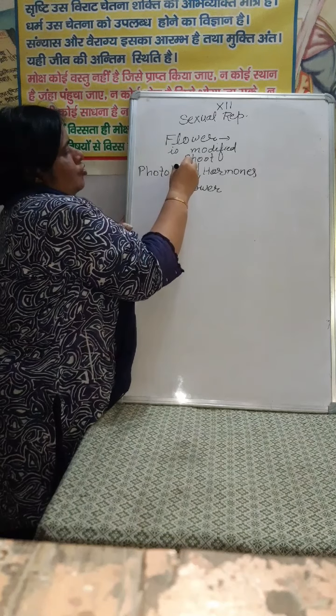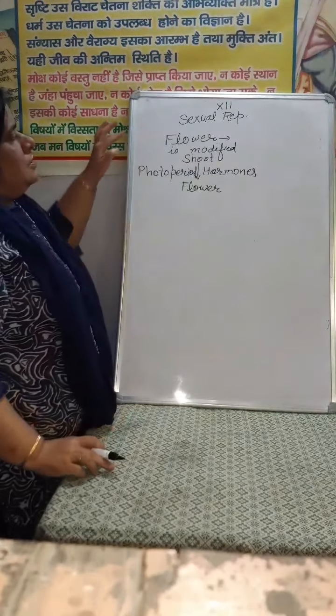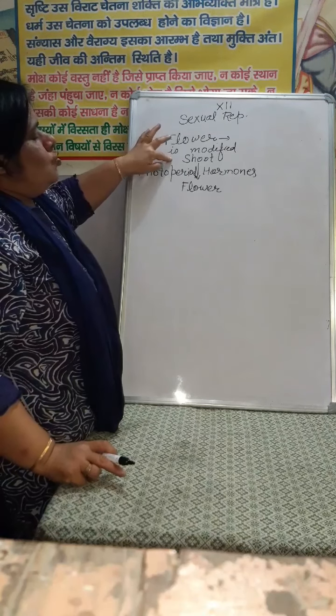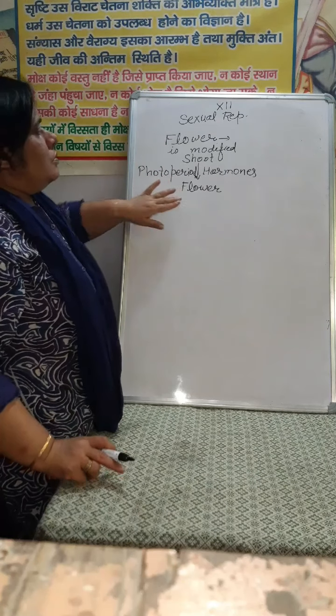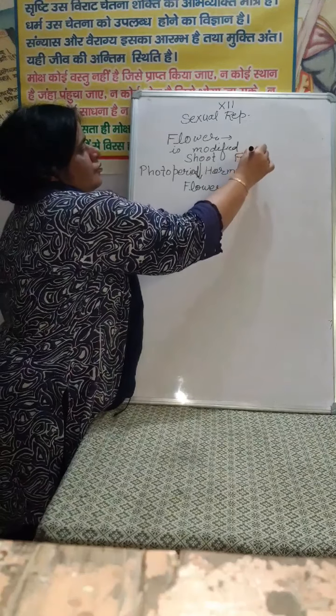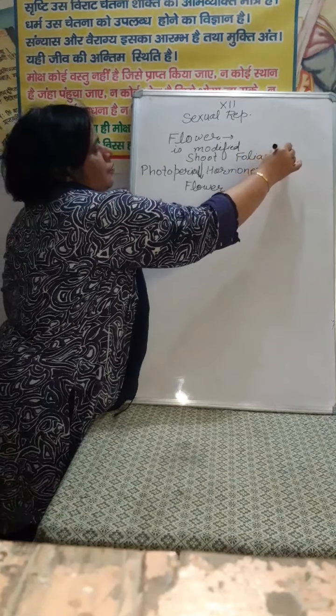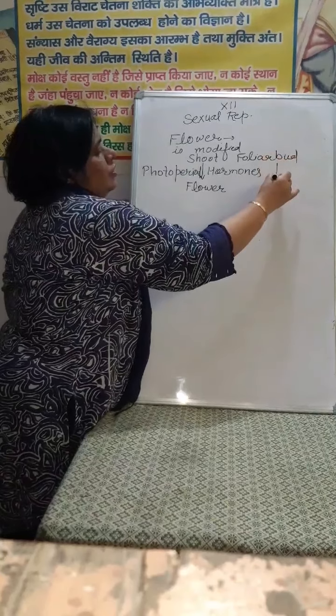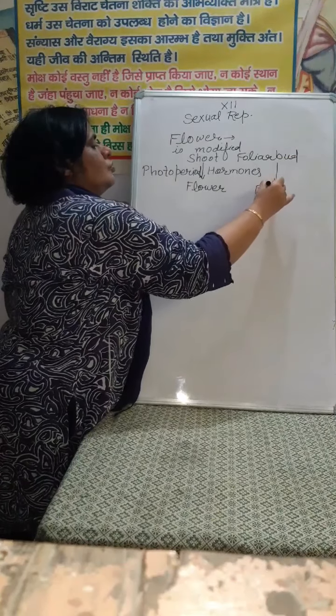By hormone and photoperiod, the normal shoot gets modified into a flower, or we can say the foliar bud gets modified into a floral bud.